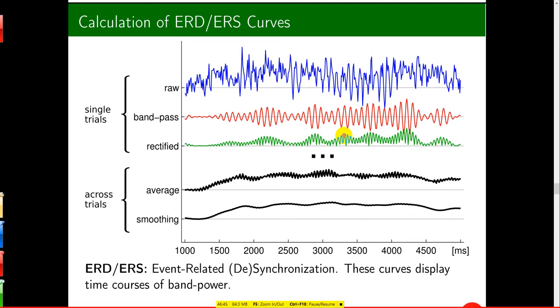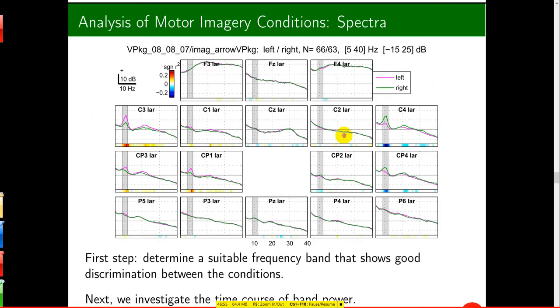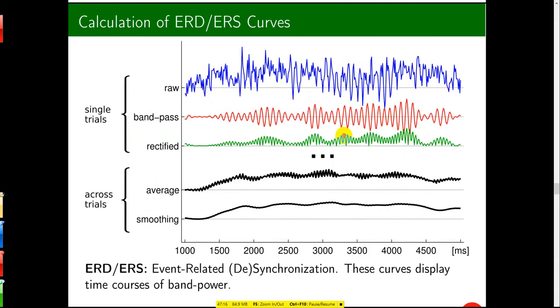Let's say 25 to 30 frequency range. Here, okay, suppression, and then here we see some increase again, right? Rebound. So event-related desynchronization, and here we are observing event-related synchronization. And that can also be used as input to control some devices.